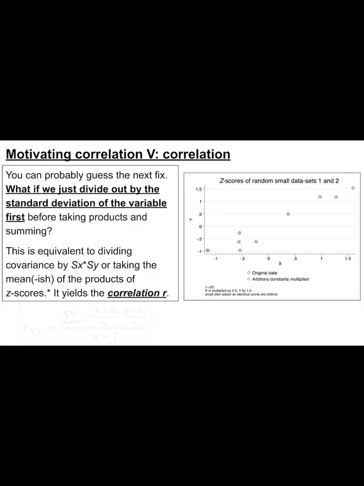So you can see here, first of all, this is a set of z-scores of these random two small data sets. And notice here that what's happening is that we've got these transformations of the sets of data. So we've got in red our original data, and then in green our original constants multiplied.